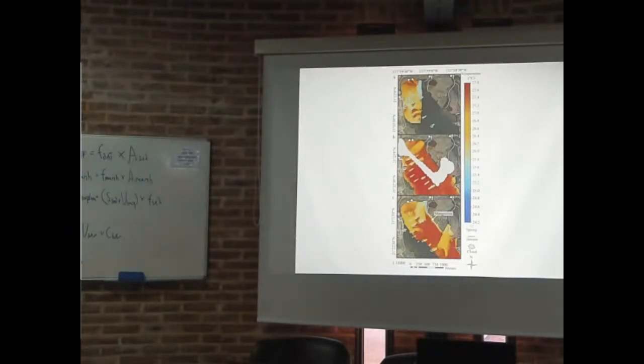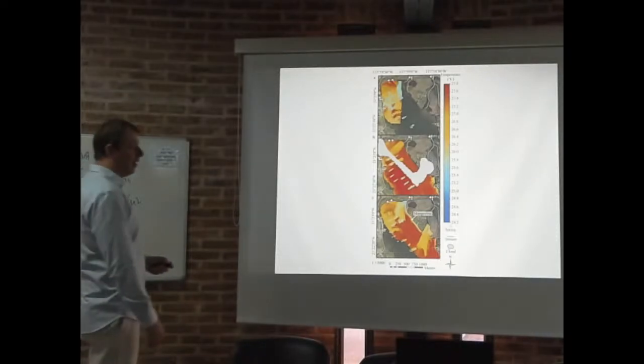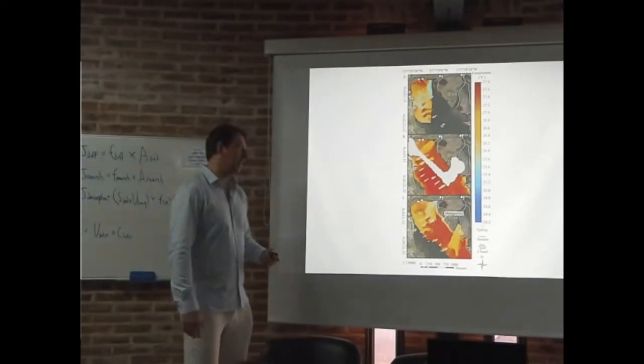So here's another example where you have thermal imaging, and this thermal imaging shows potential locations of colder water, well these are boats, but potential locations of springs, and then you could go back there and measure your radon in those locations.